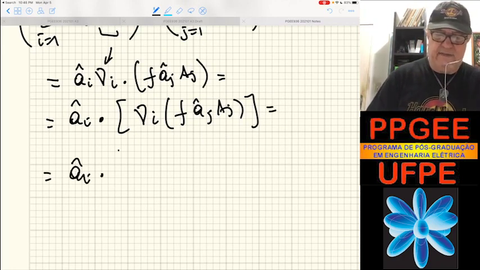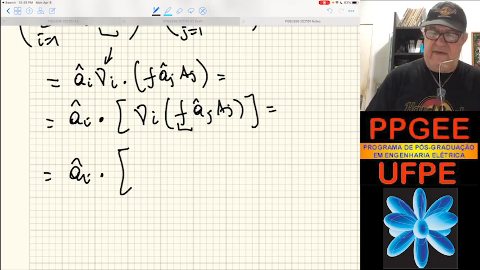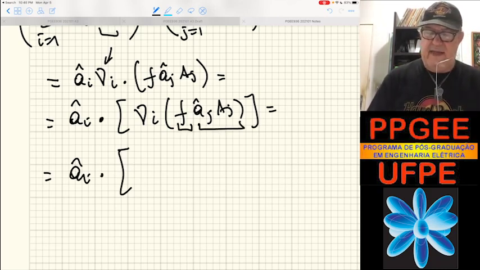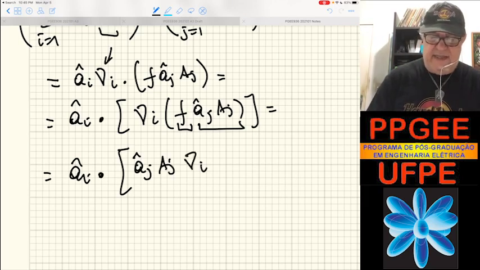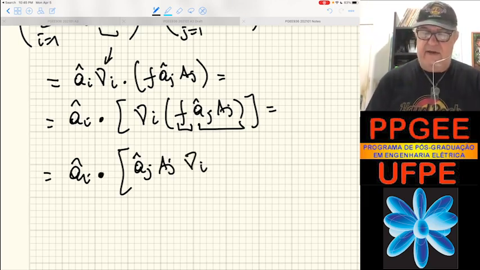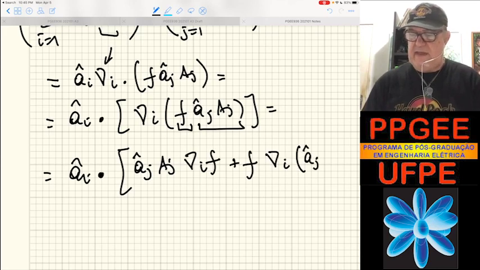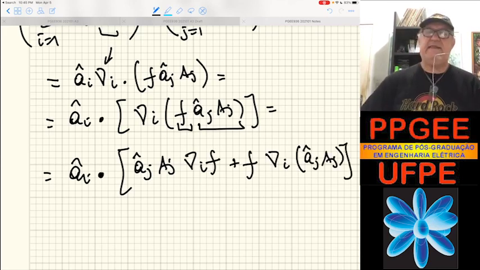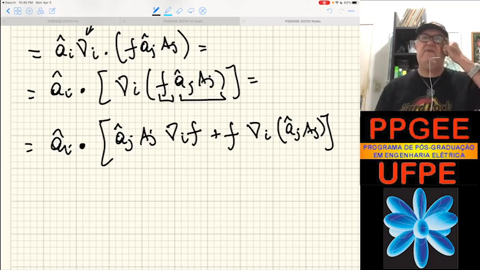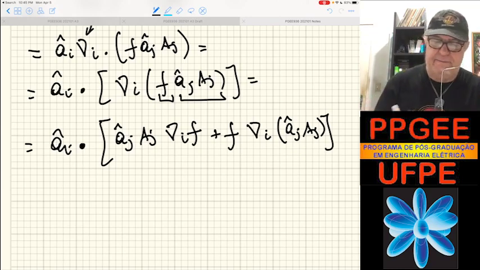So here I can use the traditional chain rule that we know, right? A i dot, well, the derivative of this one times that, so I can put this outside, A j derivative. Notice that the dot is out here, right? Derivative of f plus f times the derivative of this vector component here. It's a simple chain rule that we intuitively know already.